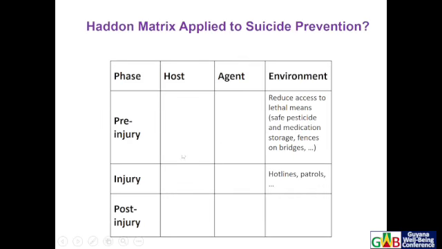Interestingly, I couldn't find an application of the Haddon matrix to suicide prevention. And I would like to point out that in the Haddon matrix, environment is not limited to physical environment. Actually, environment refers to both the natural or physical environment and the socio-economic environment.